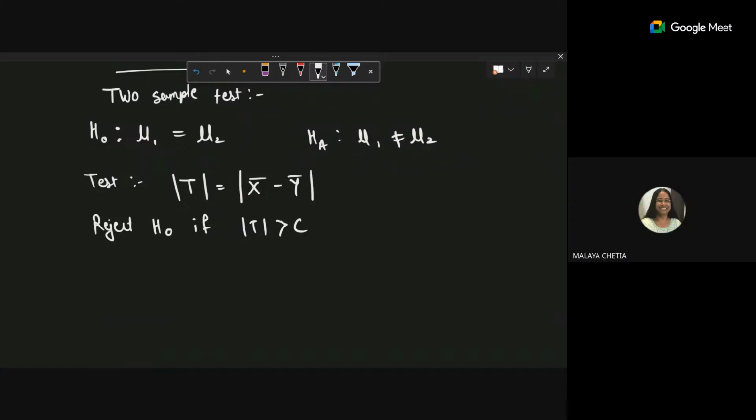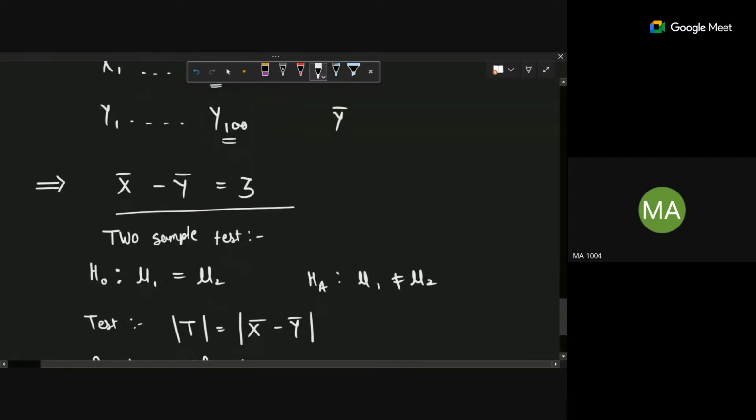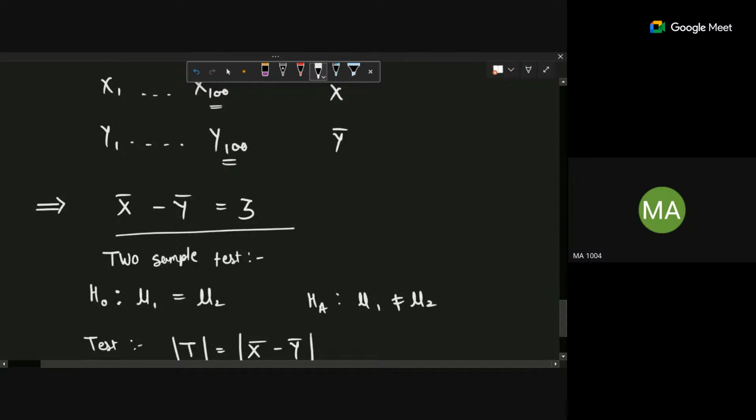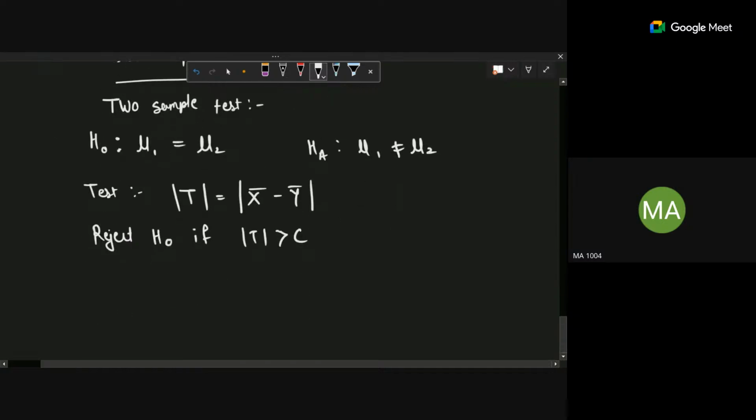No, ma'am. Ma'am, please explain this rejection condition. Which condition? The last one, rejection if the modulus of T is greater than C. Okay. So just assume that you are researching this topic, whether men or women spend more time on social media.